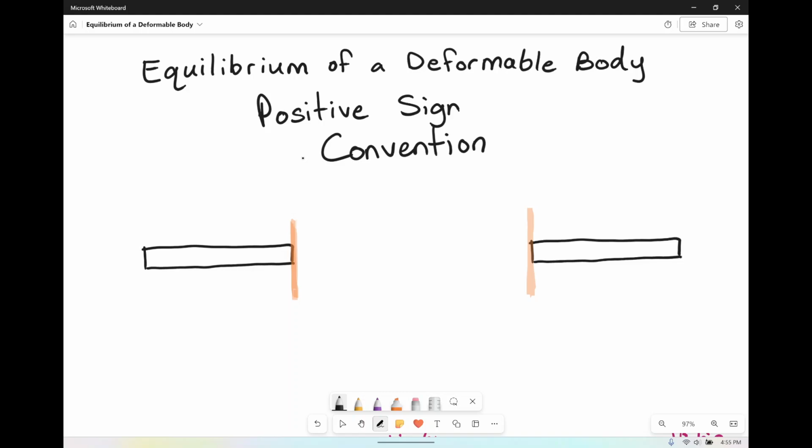But moving on now, when we're talking internal forces, we have to actually have a set standard for positive sign convention. And it'll make sense here in just a second, because technically they're equal and opposite, right? Otherwise they would not be in a state of equilibrium.